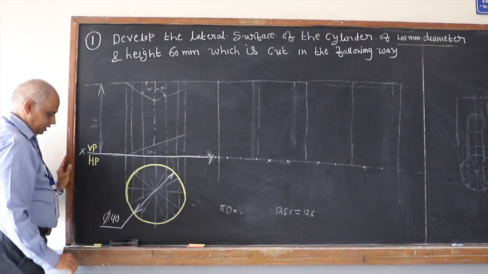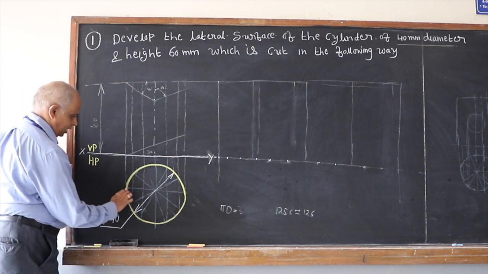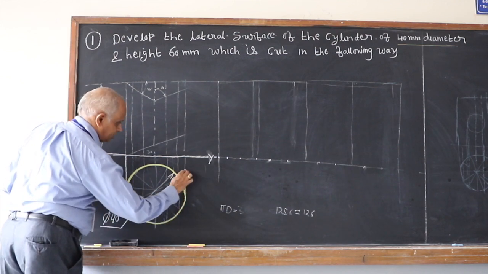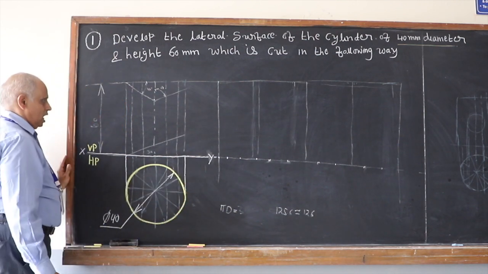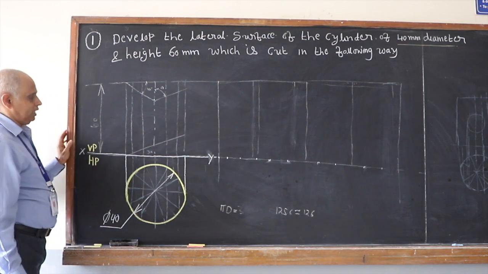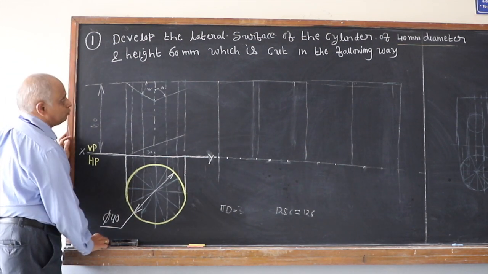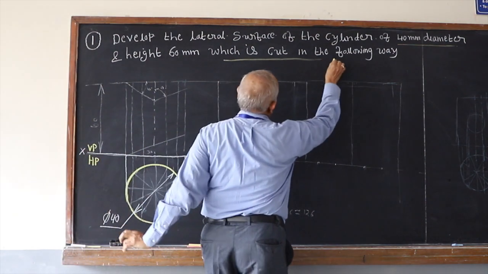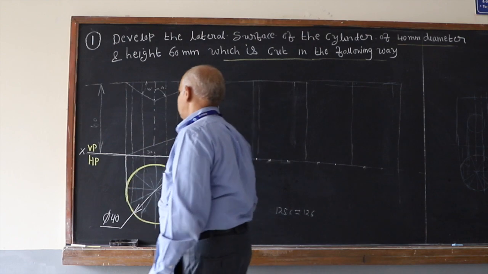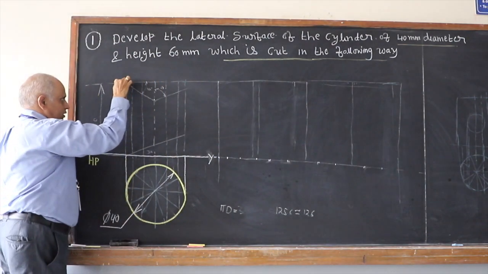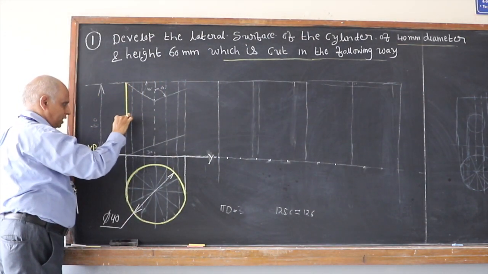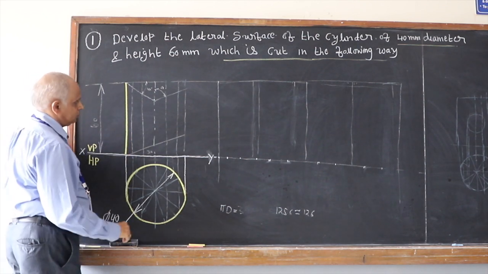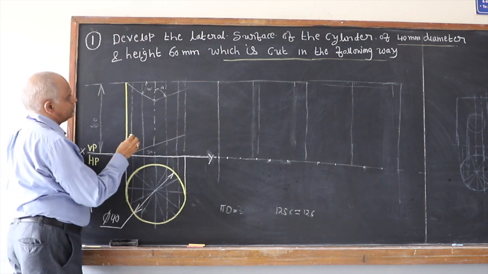Once you get this, take the projector up from the end tangents, these lines which are tangential to the circle, and he says height of the cylinder is 60 millimeters. This is given in the view because he has clearly said which is cut in the following way. So this is given to you in front view. This is 60 millimeter height.